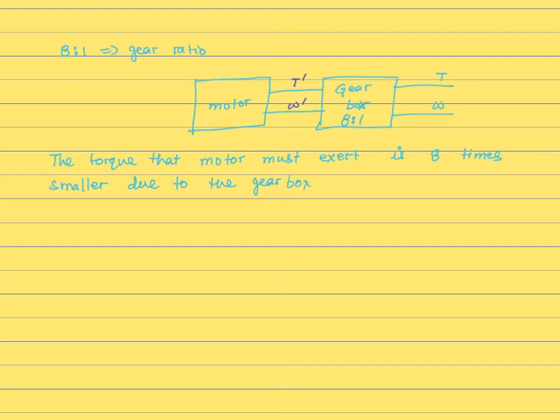Okay. In order to interpret that, we also know T omega equals T prime omega prime, and we're looking for omega prime now. So T prime is the motor torque produced. That's going to be 8 times smaller, so only 1/8 of the torque required at the wheel. Now, if this is true, then we also know that omega prime is going to be 8 times omega.